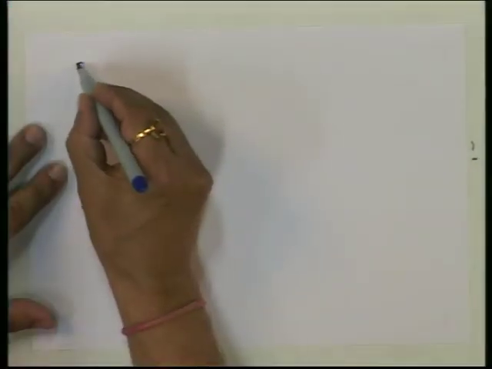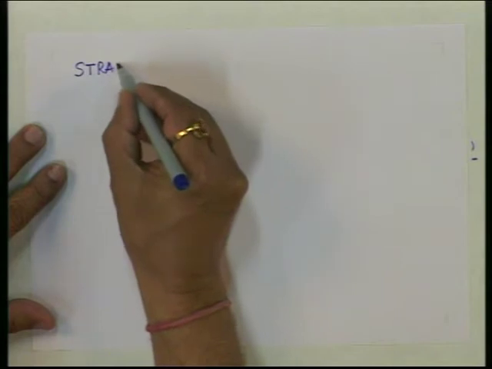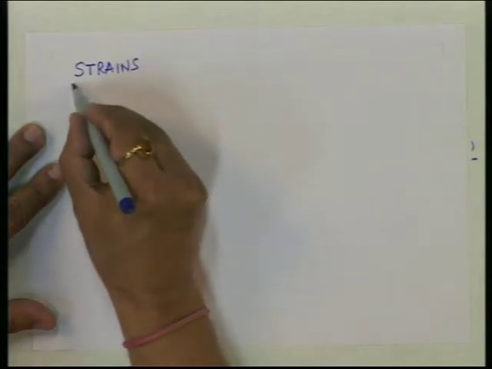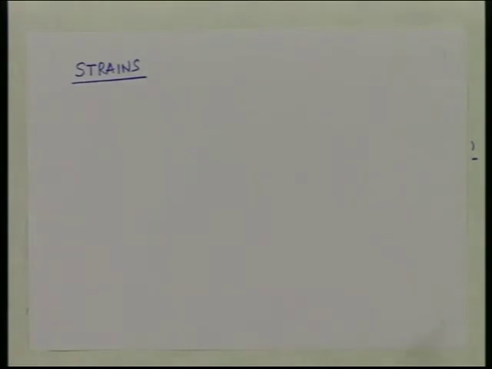For any elastic problem, once you have defined your displacement, you must define your strains. So, the first part is always displacement, the second part is strains in the body. What are the strains caused in the body because of the displacement field? Now, strains for a 3-dimensional body.